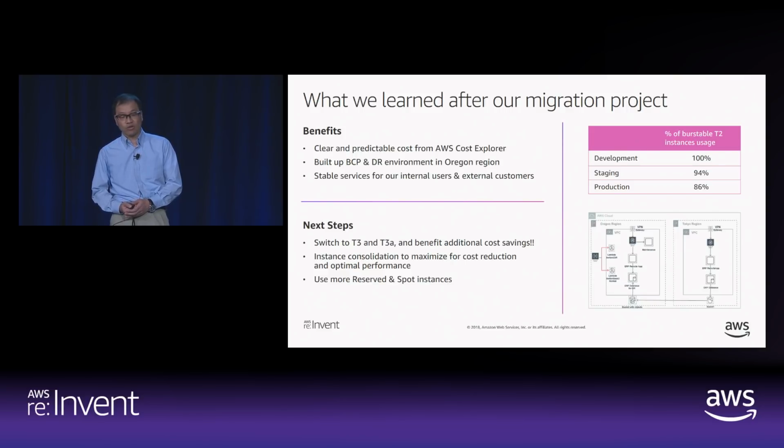And of course, applications also need to be consolidated onto the T2 instances. That's what we want to do. And the last one is we want to use more reserved instances and spot instances. If we use these, we can get more cost reduction. It's very good. So these are our next steps.